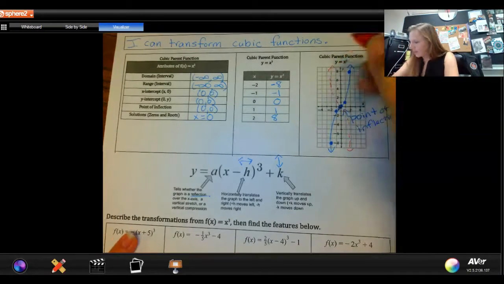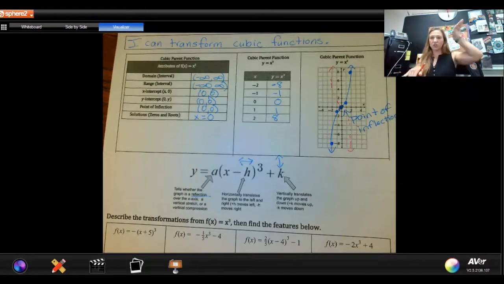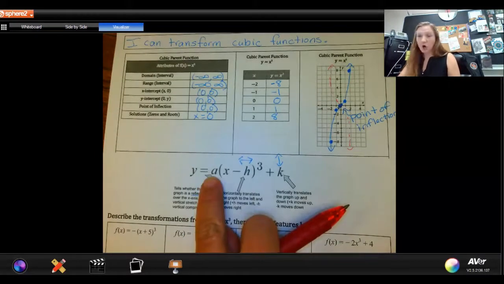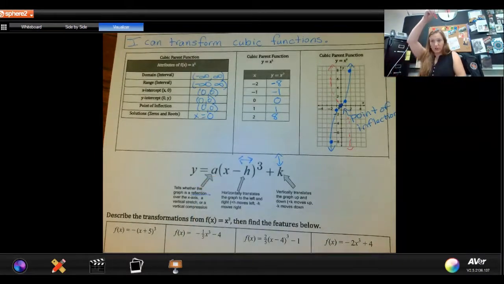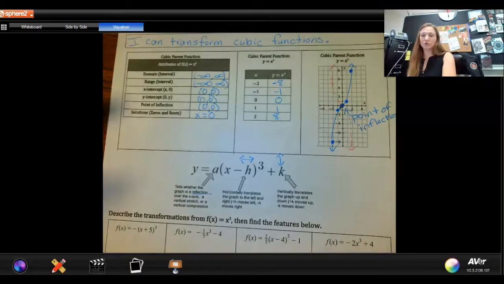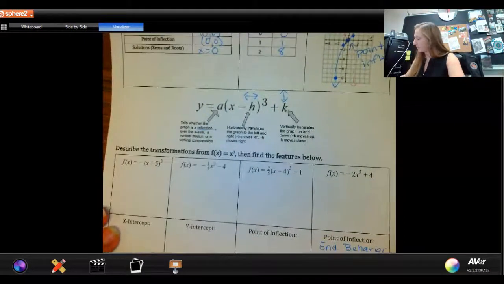So when it reflects, it's actually just going to change the squiggle to be squiggling the other way. I call it the cubic squiggle. It's not technically a math term, but that's just what I call it. All right, so a also can, remember, stretch vertically or compress, which will make it a little bit fatter of a squiggle. All right, so let's talk about some transformations for this function.